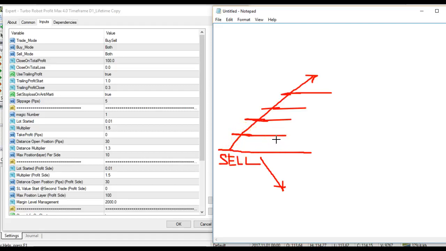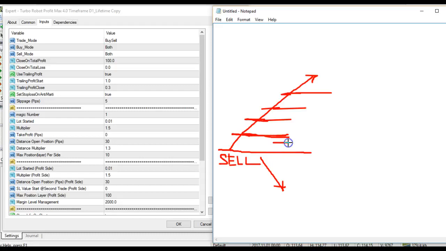Here we don't have SL, but you have your TP, and the TP will be adjusted here. Let's say every level is 30 pips. Even though we have a distance multiplier, to be easy we will be using 30 pips, 30 pips, 30 pips.